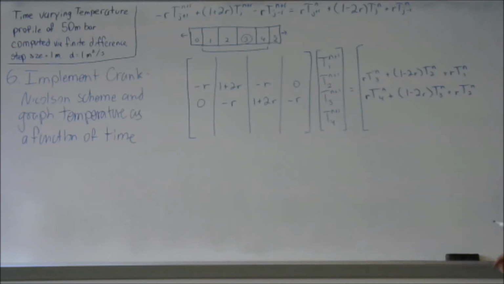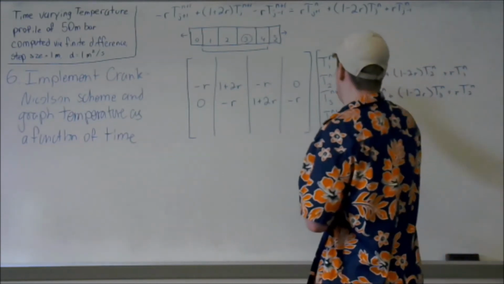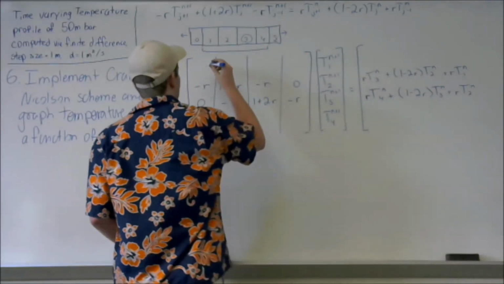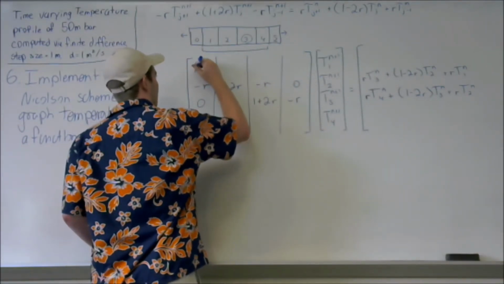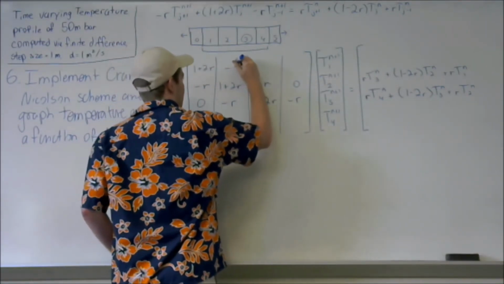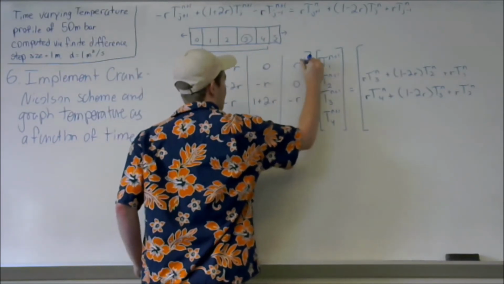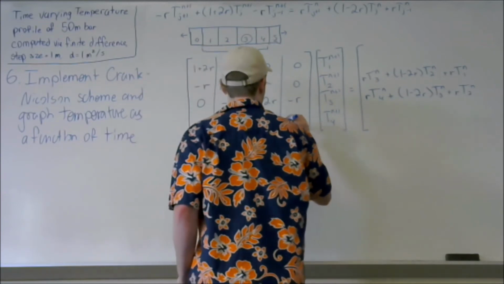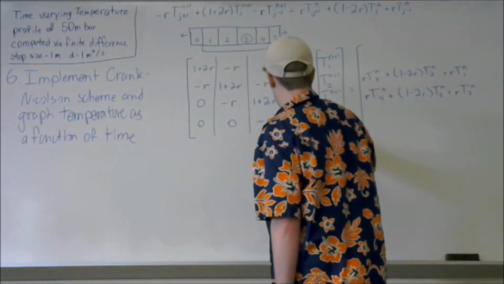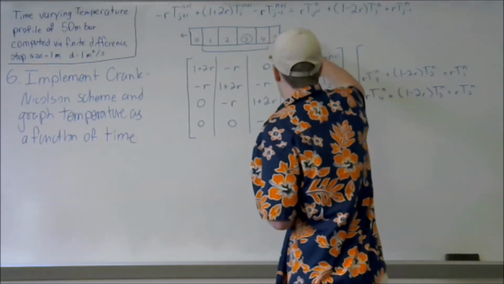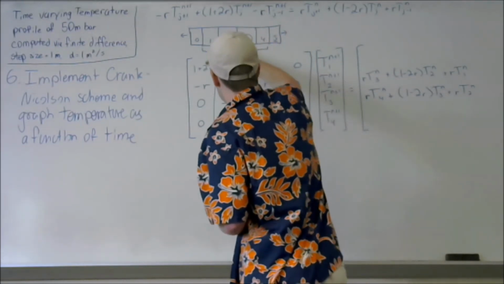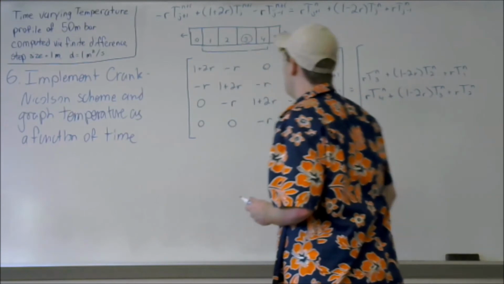Just like that. And then finally, the same idea applies for the temperatures at positions 1 and 4. So this becomes a 1 plus 2r, negative r, 0, and 0, and then a 0, 0, negative r, and 1 plus 2r. I'm going to get rid of these column lines to just make the matrix a little easier to see. Just like that.